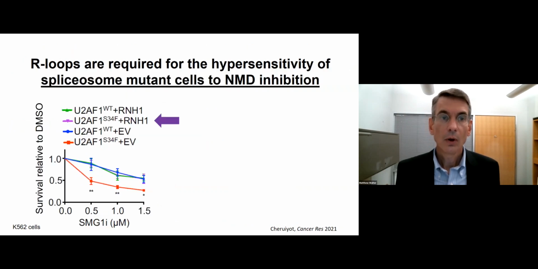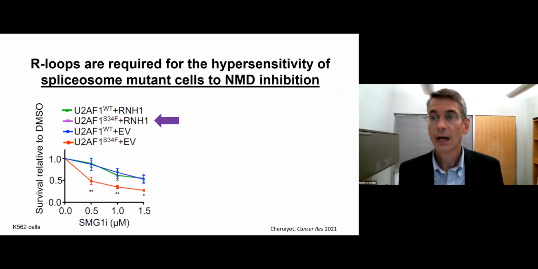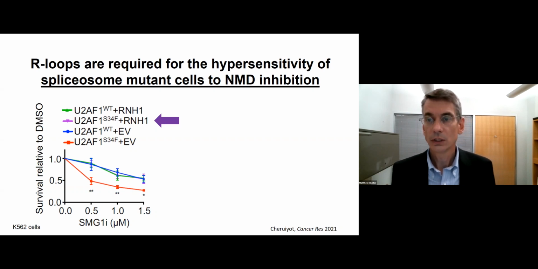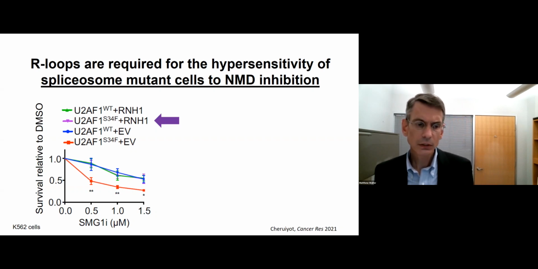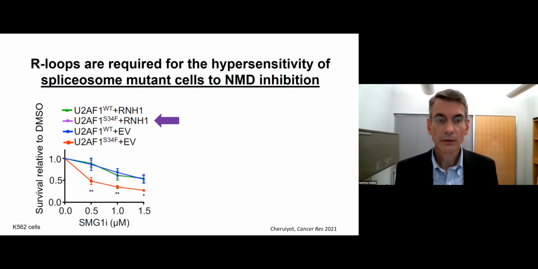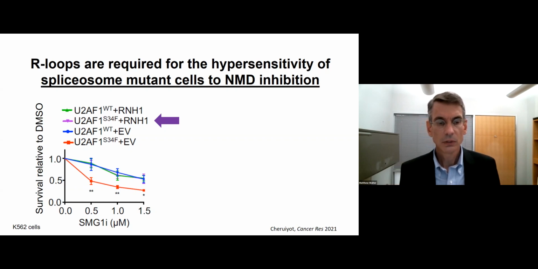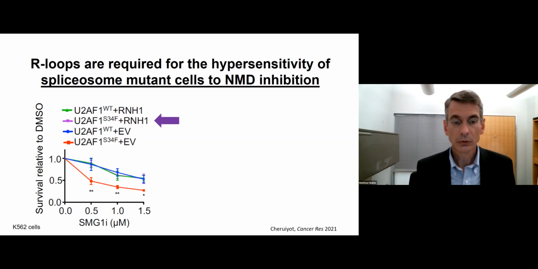And remarkably, the R loops are required for the hypersensitivity of spliceosome mutant cells to NMD inhibition. And this was shown using cell lines that expressed S34F or wild type U2AF1. With increasing concentrations of the SMG1 inhibitor, you can see that the S34F mutant cells, in red, have increased sensitivity compared to the wild type cells in blue.